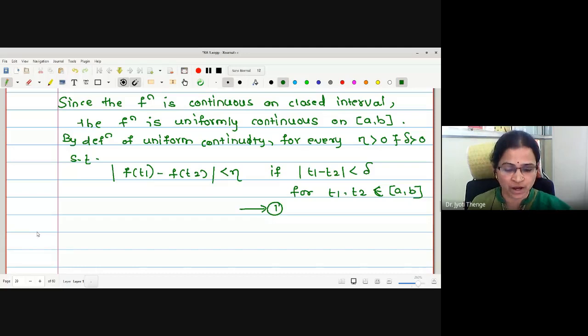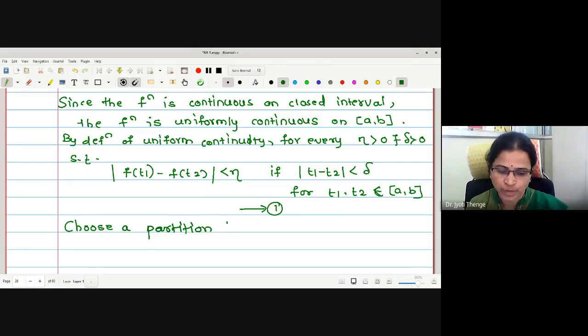Now we will choose a partition whose norm is less than delta. Choose a partition P with norm of P less than delta. If the norm is less than delta, may I say this is going to satisfy this restriction?